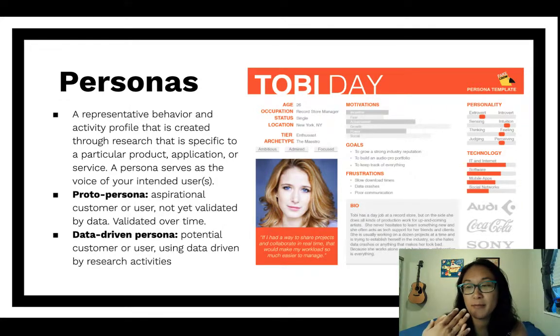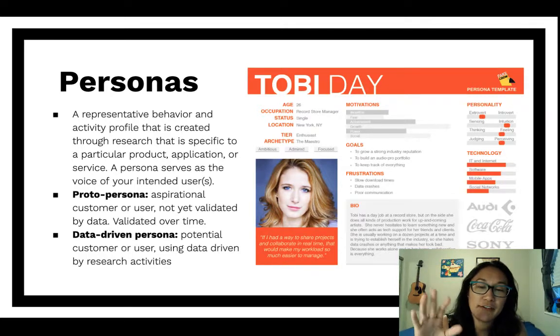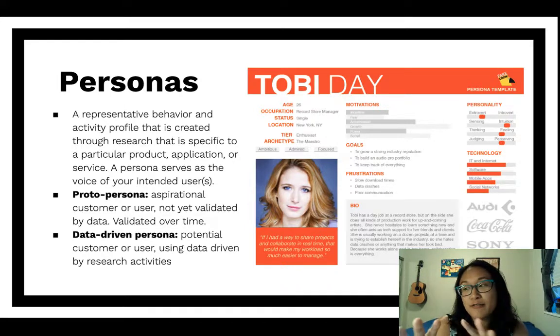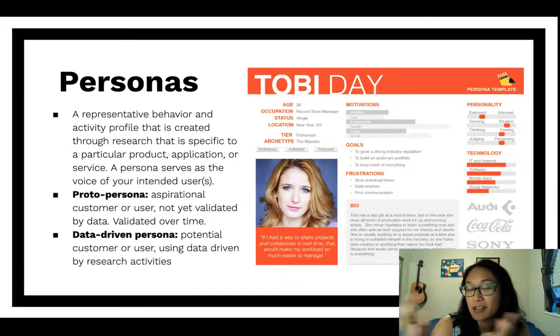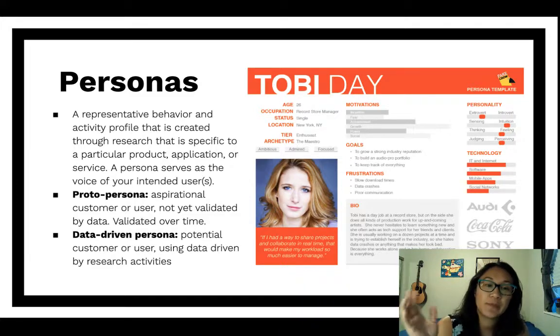So you give them a fictitious name, you have some information about their demographics. Again, it's a summary of all the people you spoke to, so it might not be 100% accurate, and that's okay. You'll have a stock photo of who this person might look like, and you'll also have a quote that addresses the problems and the goals that they had based on the research that you conducted.